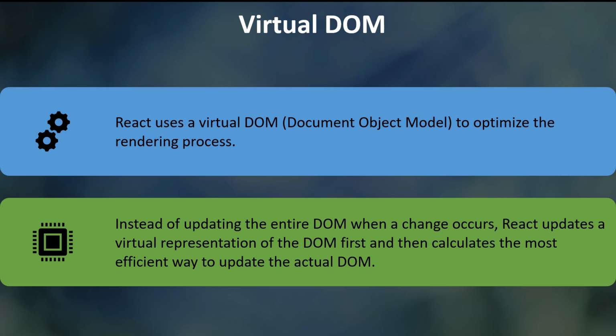So first it updates the virtual DOM and keeps it somewhere, and then at the appropriate, efficient time, it updates the actual DOM. This feature is quite important in React. It also comes up in interviews, and it's a very important concept for you to understand, the concept behind how React is able to update certain parts of a web page.